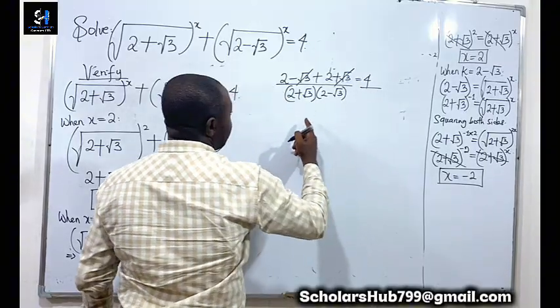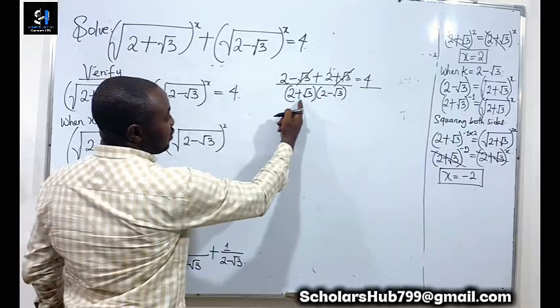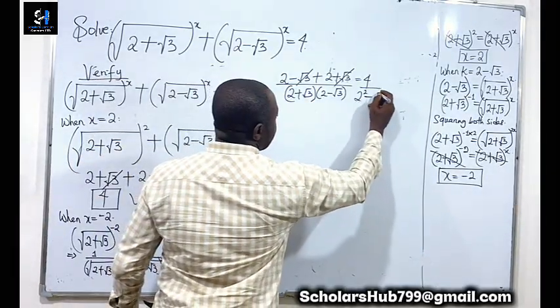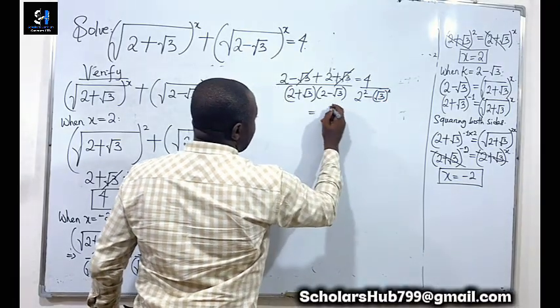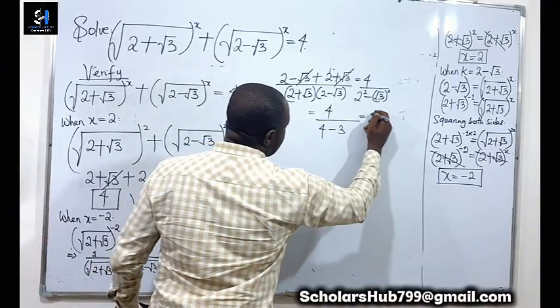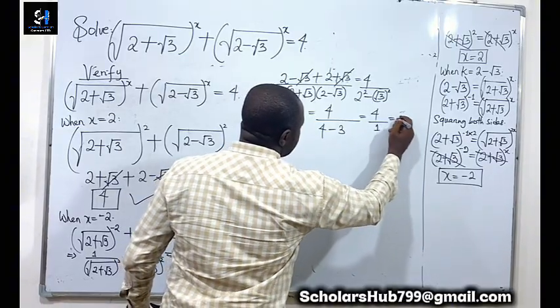So this will be 4 divided by a difference of two squares, 2 squared minus root 3 squared, which is 4 over 4 minus 3. 4 minus 3 is 1, so 4 divided by 1.